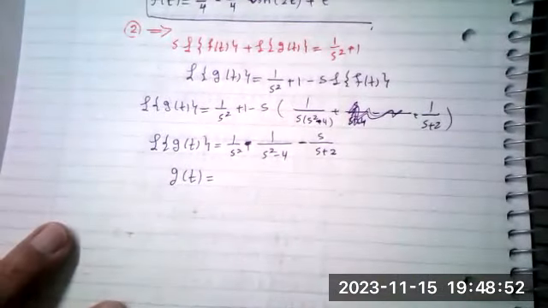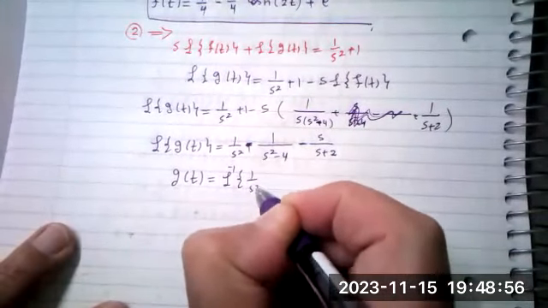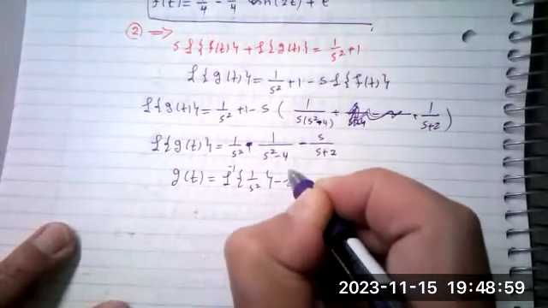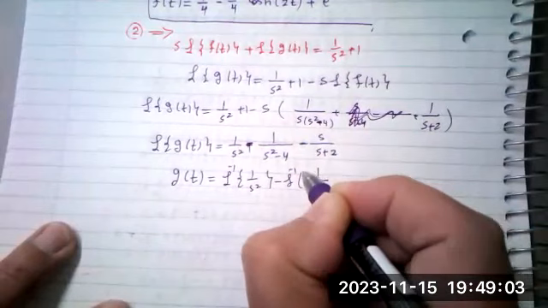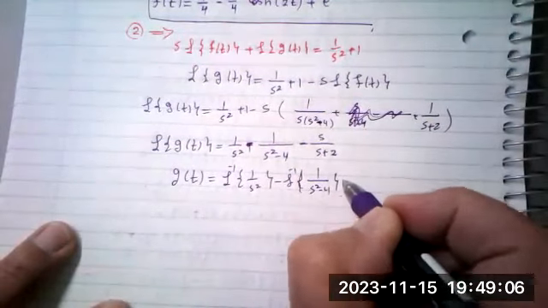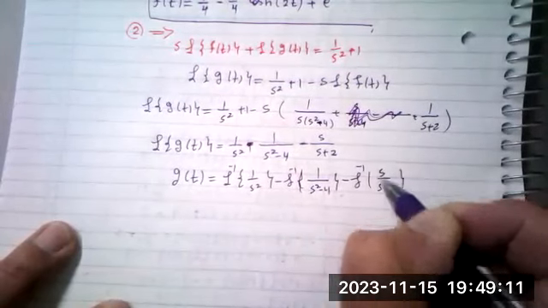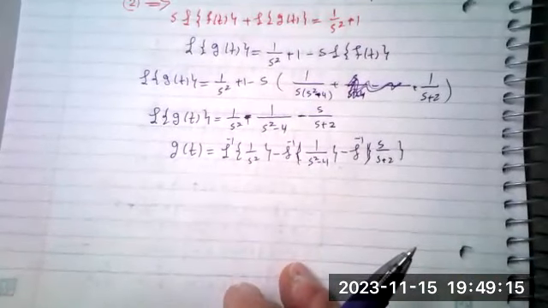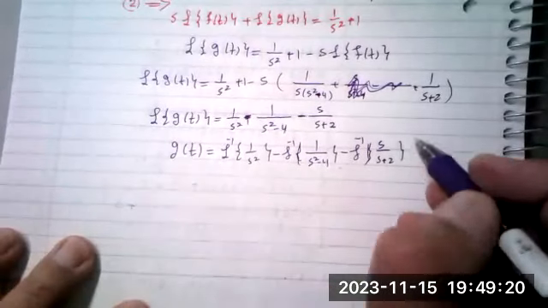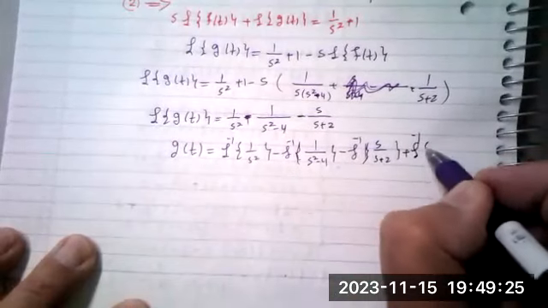For g of t, it's going to be the Laplace inverse of 1 over s squared, minus the Laplace inverse of 1 over s squared minus 4, and minus the Laplace inverse of s over s plus 2, plus the Laplace inverse of 1.